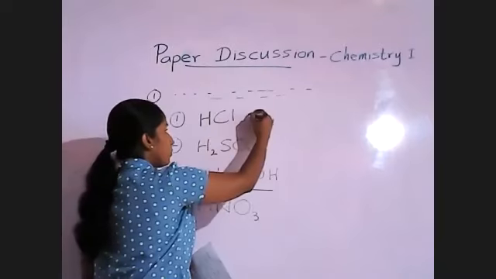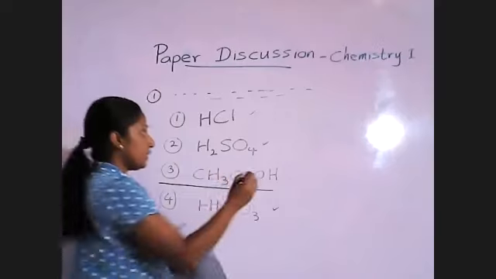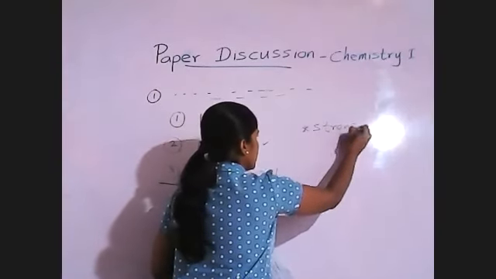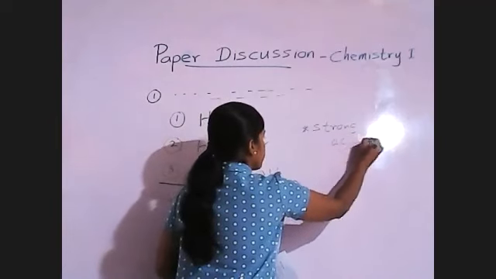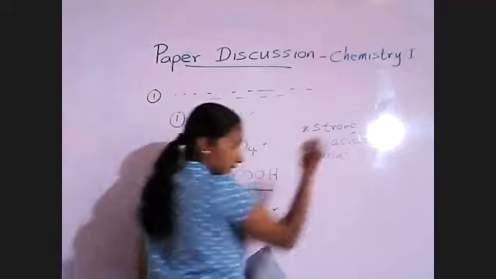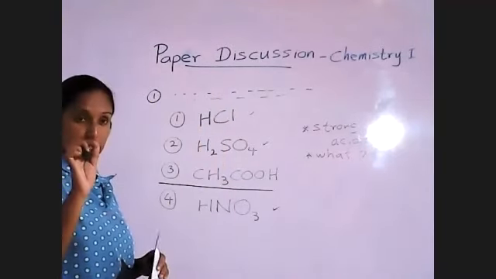These are the most commonly used strong acids in the lab. Then we can make a note here: strong acids. Then we have to know what strong acids are. We have to remember the definition.